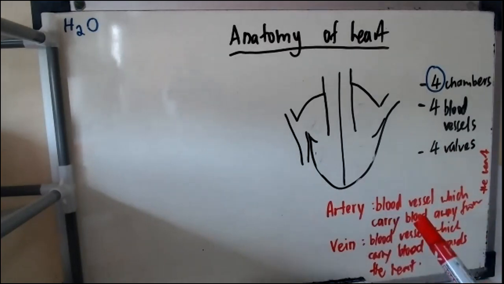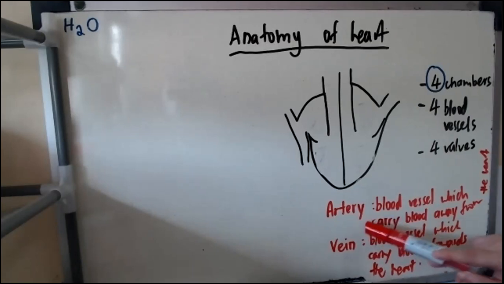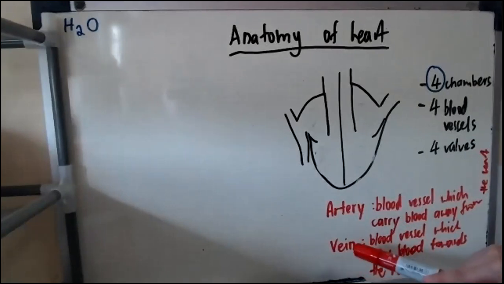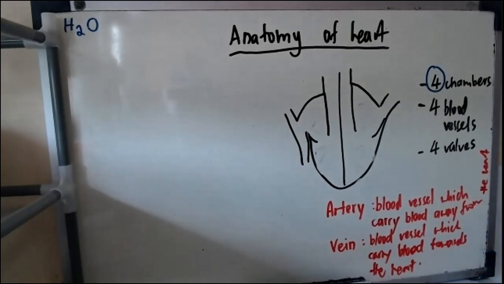The right definition that you learn now that supersedes your primary school's definition is this: carry blood away from the heart. This is always true. All types of blood vessels, including the pulmonary artery, carry blood away from the heart. Sorry, what am I saying? All types of blood vessels which carry blood towards the heart are veins, including the pulmonary vein. Okay?